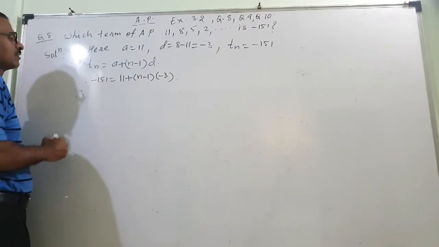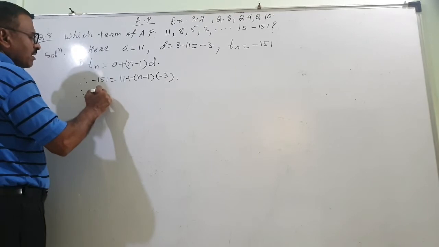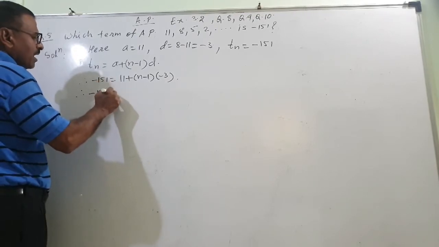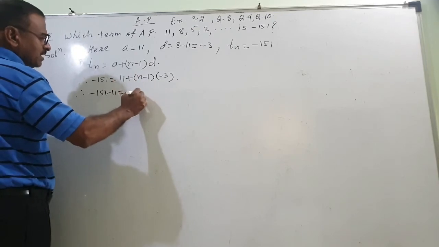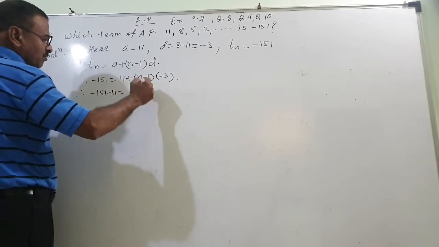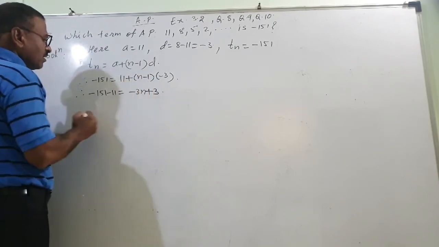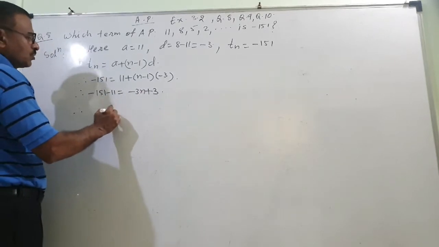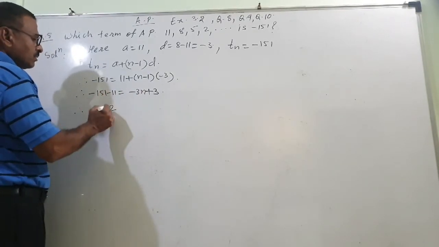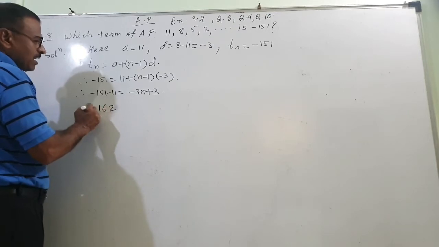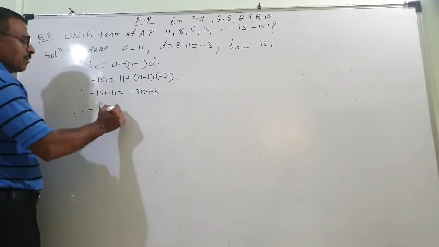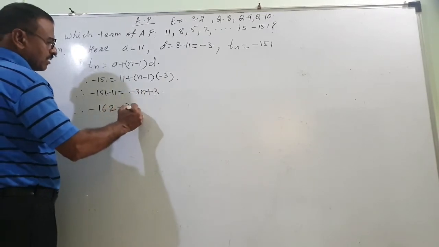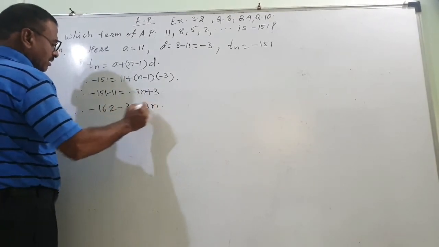Therefore, minus 151 minus 11 is equal to minus 3 into n is minus 3n, minus 3 into minus 1 is plus 3. Therefore, this is minus 162, both the numbers are negative, hence minus 3, that is equal to minus 3n.